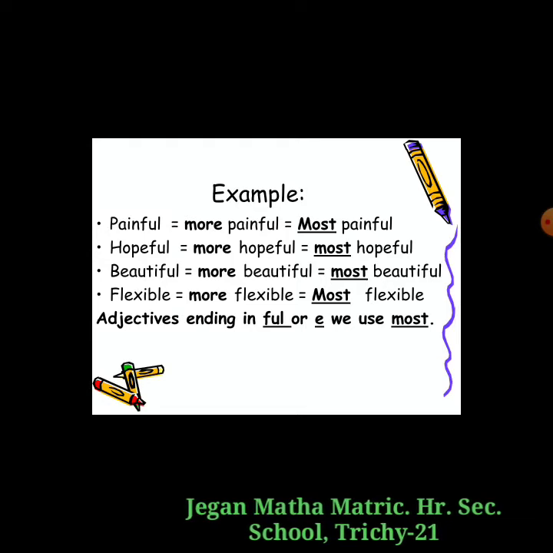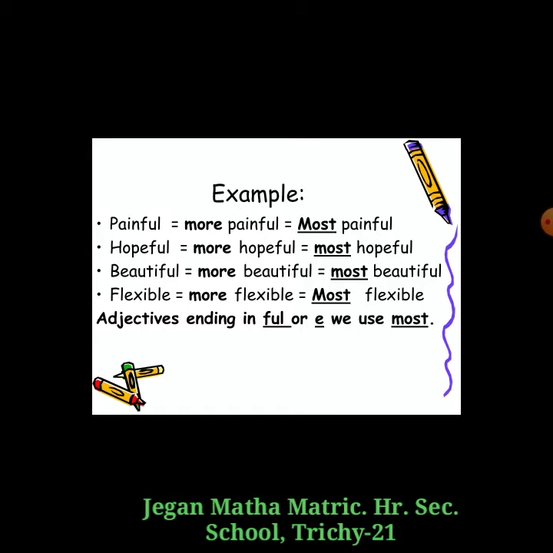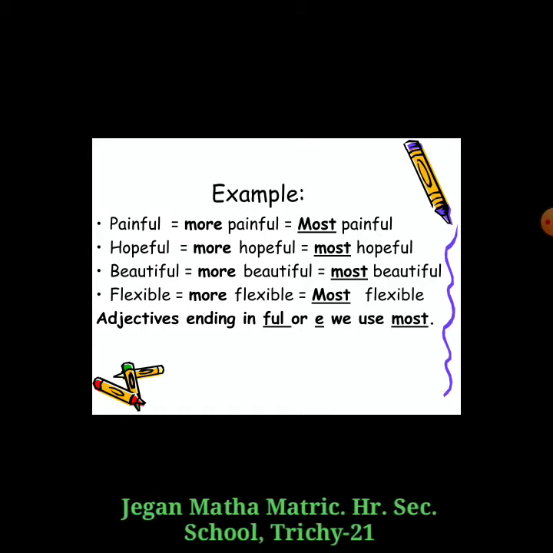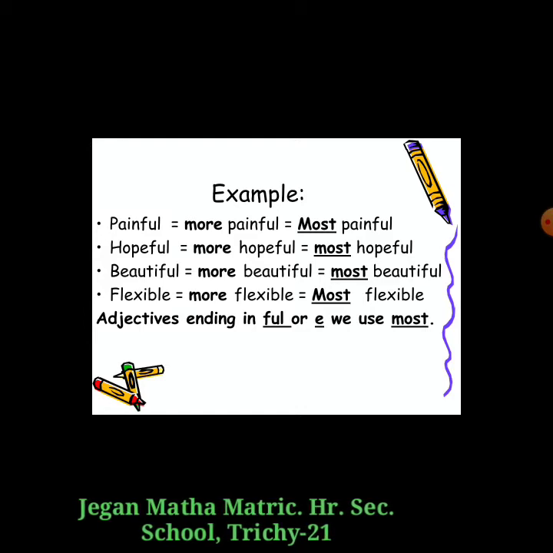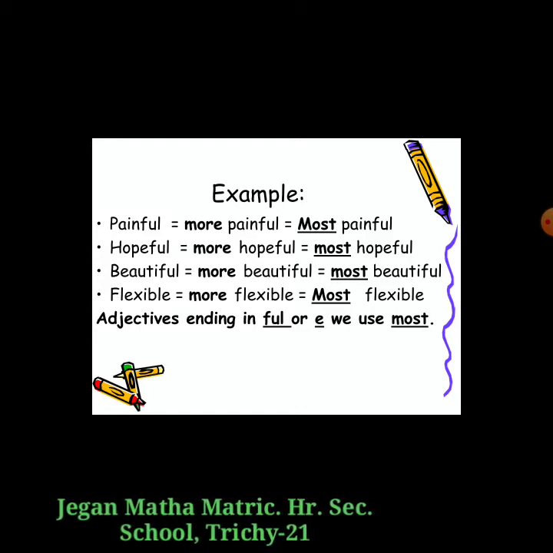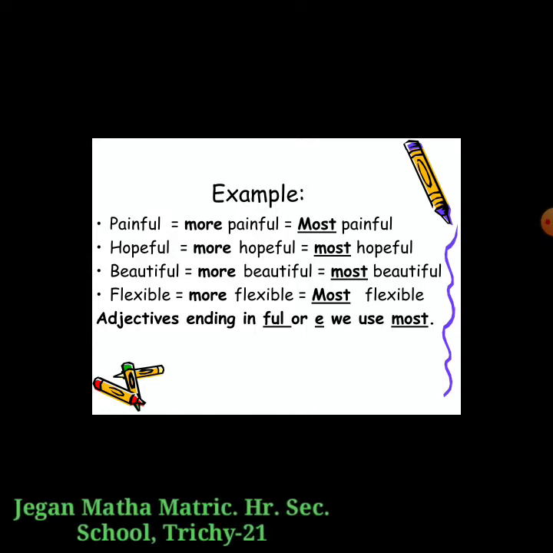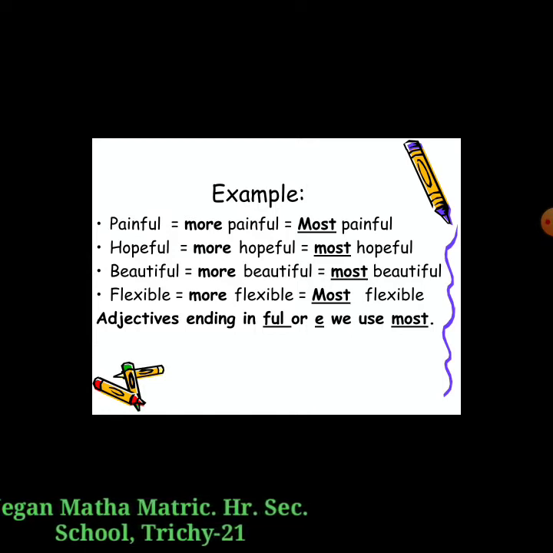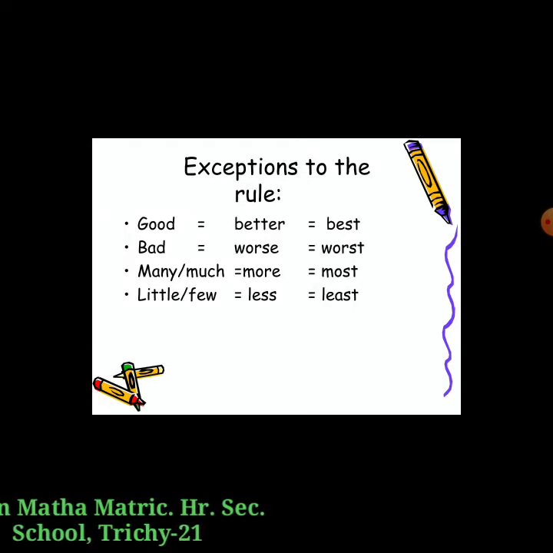More belongs to comparative degree, and most belongs to superlative degree. Hopeful, more hopeful, most hopeful. Beautiful, more beautiful, most beautiful. Flexible, more flexible, most flexible. For adjectives ending in ful or long adjectives we use most. Most belongs to superlative degree.